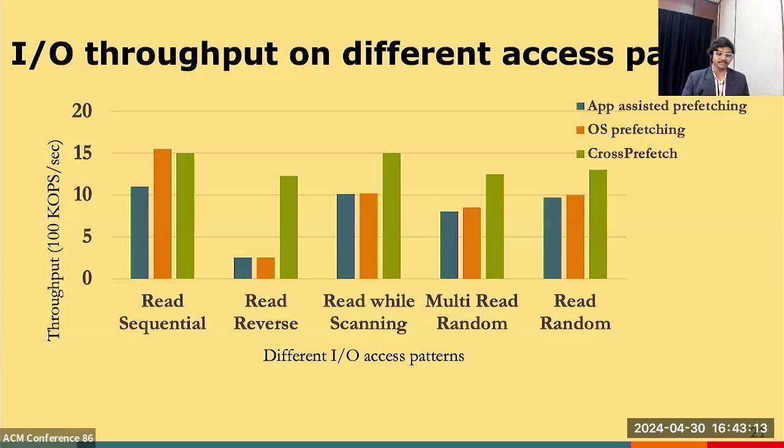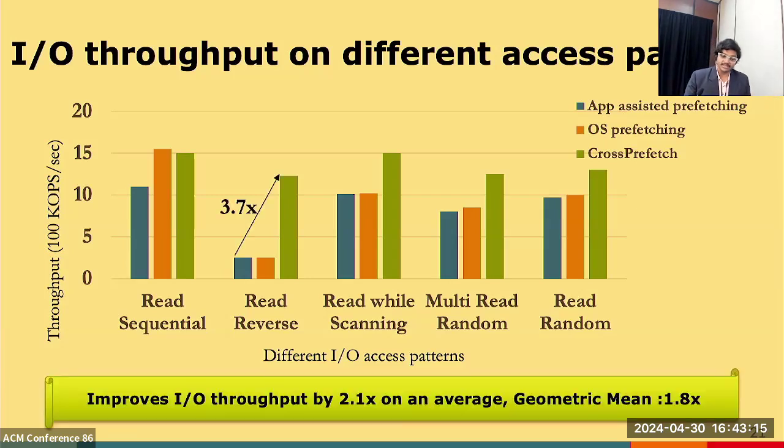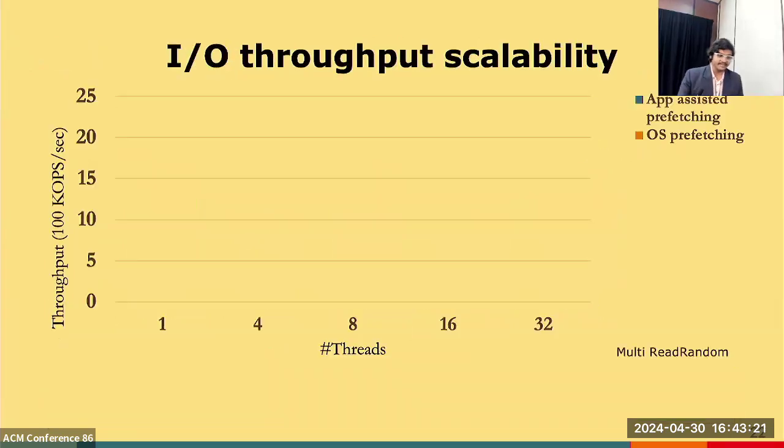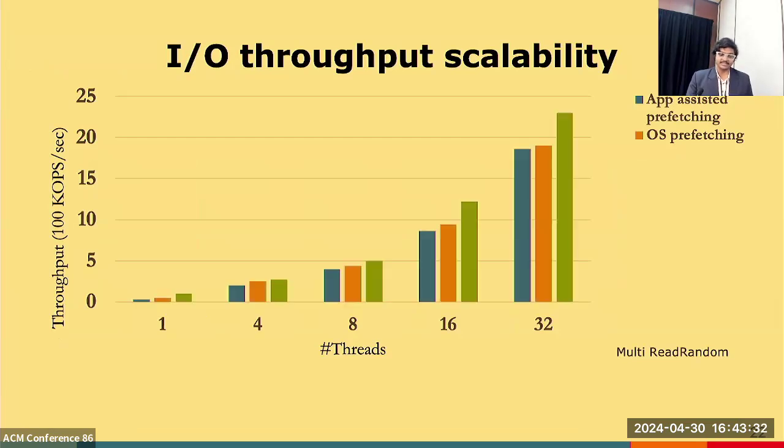We observed that with CrossPrefetch, we improve up to 3.7x in IO throughput and around 2x on average. Next, we look at scalability. Here on the x-axis, you have the number of threads on RocksDB, and the y-axis is again throughput in 100 KOPS per second. And we observe that CrossPrefetch scales well with the number of threads as well.